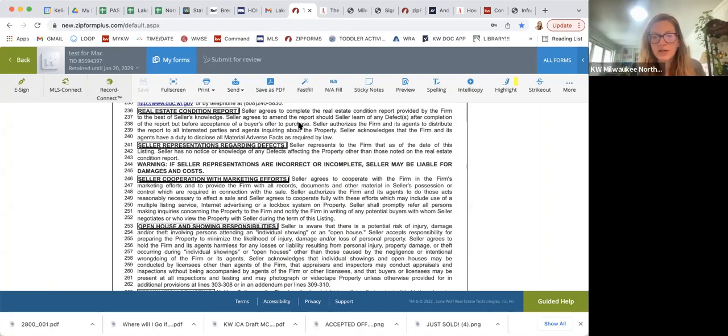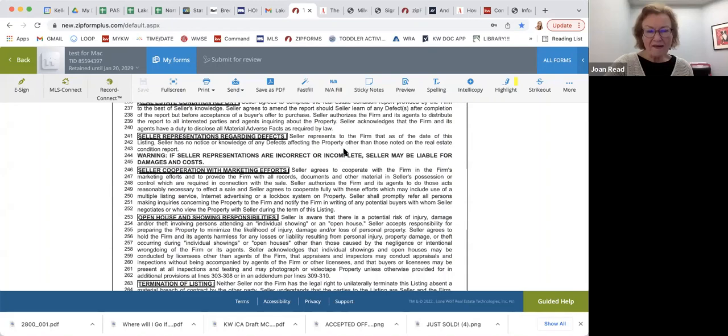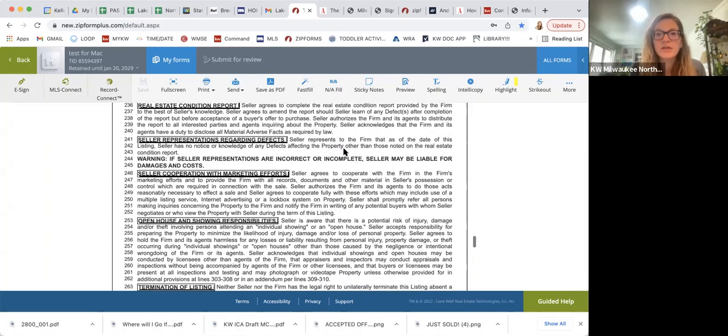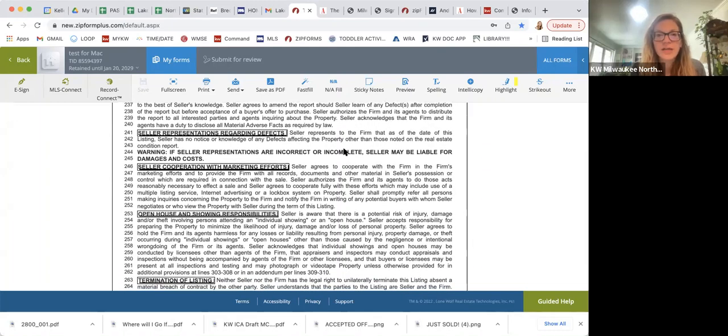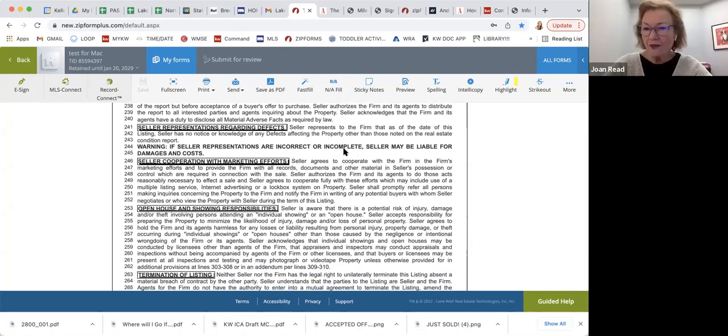Before acceptance of a buyer's offer, the seller authorizes the firm and its agents to distribute the report to all interested parties and agents inquiring about the property. And seller acknowledges that the firm and its agents have a duty to disclose all material adverse effects required by law.